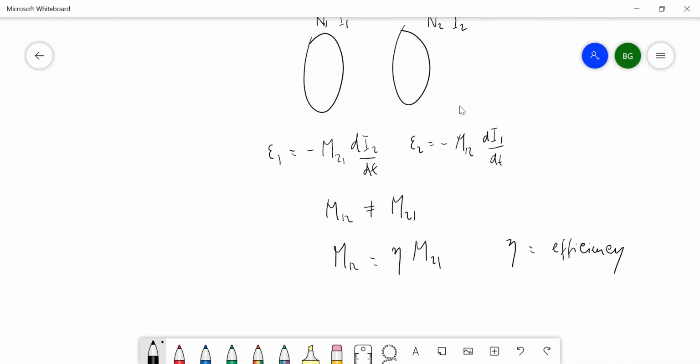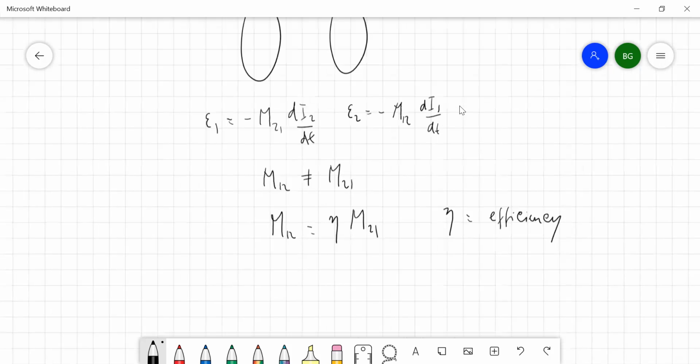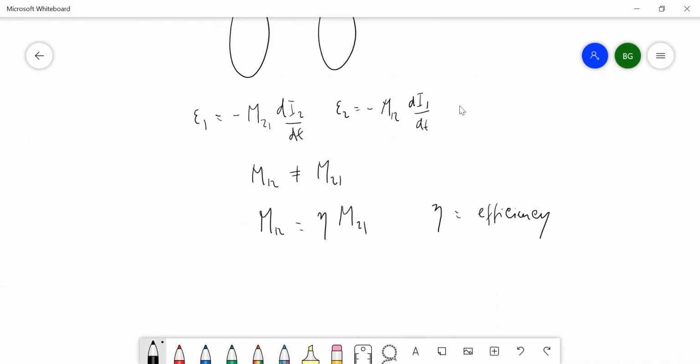The efficiency is less than or equal to 100%, and of course greater than zero.